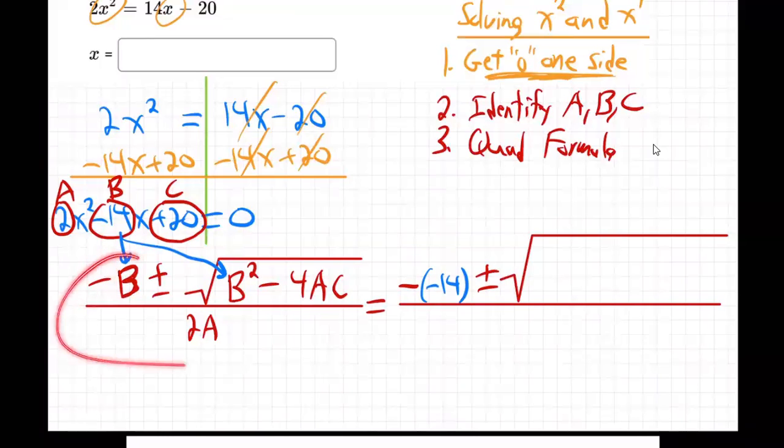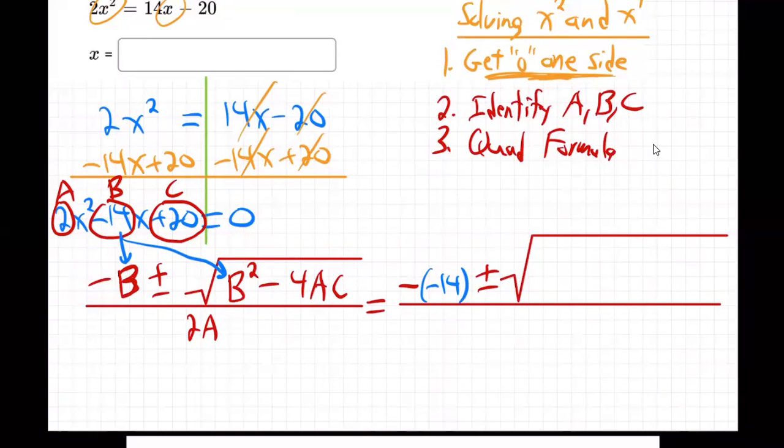The formula has a bunch of stuff built in, right? Negatives, plus or minuses, a 2, a 4. That negative built into the formula is in addition to any negative numbers you plug in for A, B, or C. So B is negative 14. So when I plug in negative 14 right here for B, then the negative that's part of the formula hits the negative 14. Double negative is going to become positive in a minute.